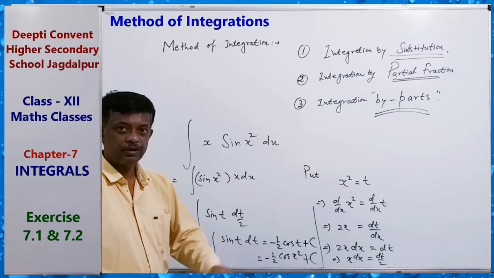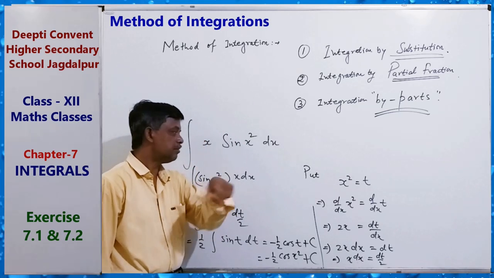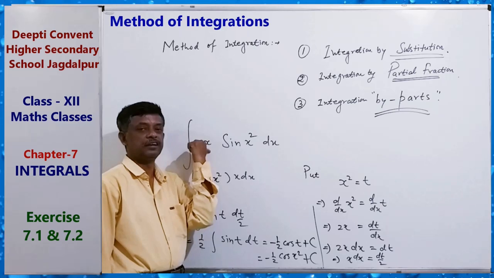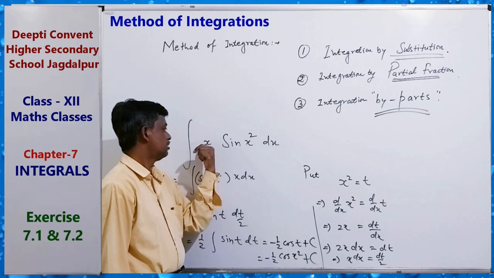Here, what we did: in the integrand there is a function whose derivative is present in the integrand. We see x square, and its derivative is 2x.